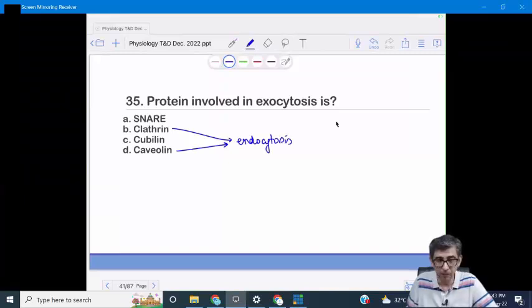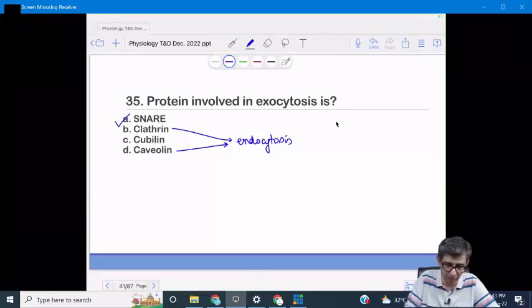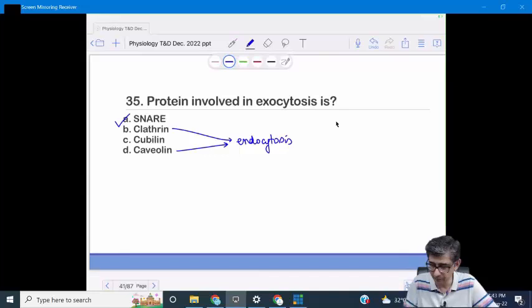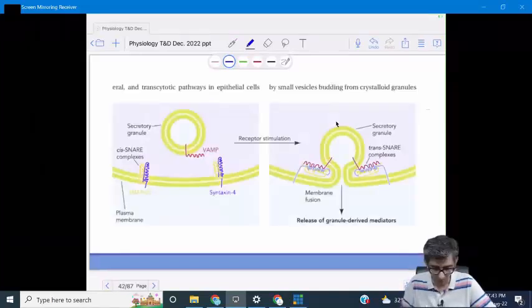I think I've solved half the question for you. The protein involved in exocytosis would be option number A, that would be the SNARE proteins. Complex diagrams are made, but the point is SNARE proteins are for exocytosis.